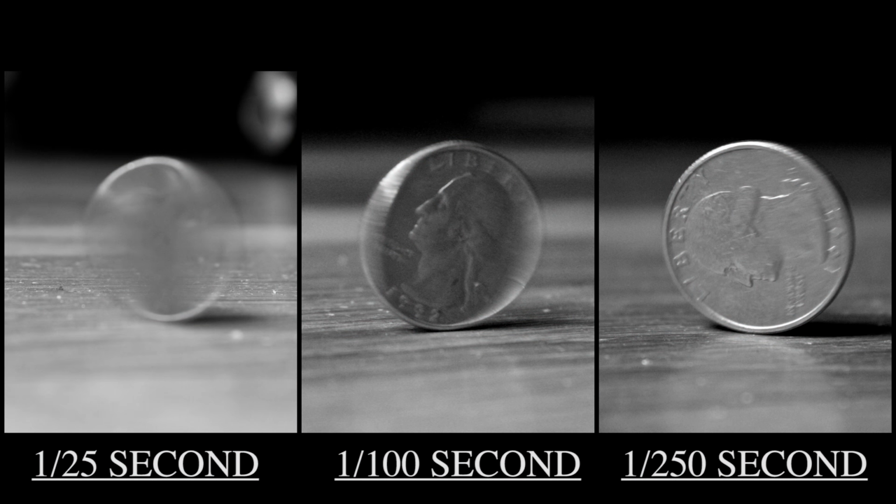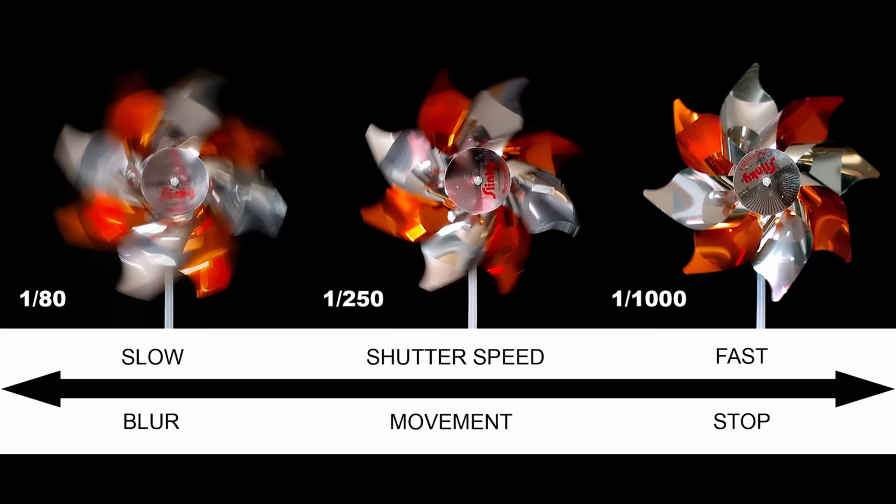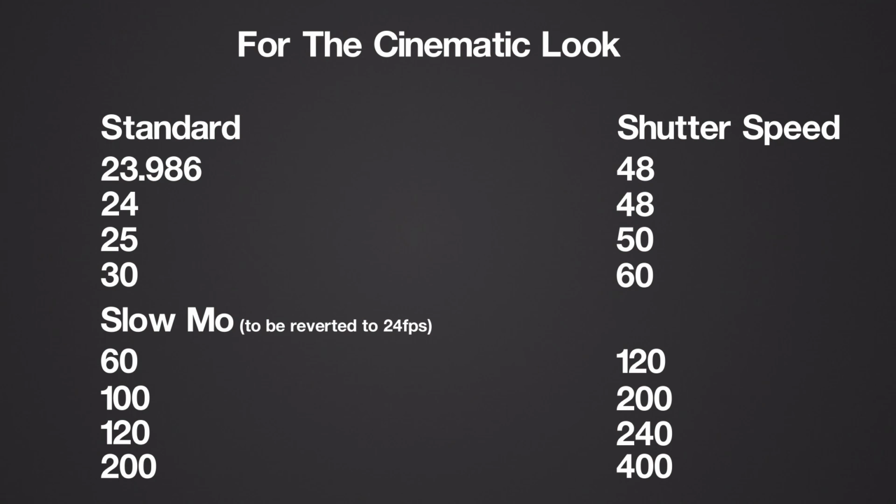The slower the shutter speed, the more motion blur there's going to be, the softer the image is going to be too. Generally, in cinematic film, film that you see in the movie theater, the shutter speed is double the frame rate. The reason is that this creates a more natural kind of blur that mimics the blur that the eye experiences. So it's easier to look at, it's more pleasing to the eye.